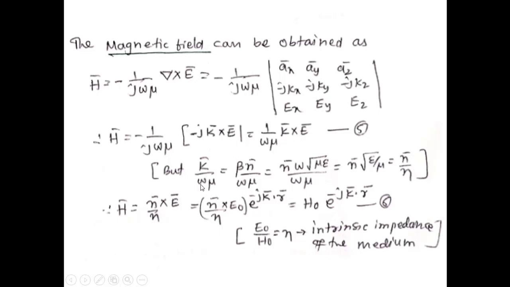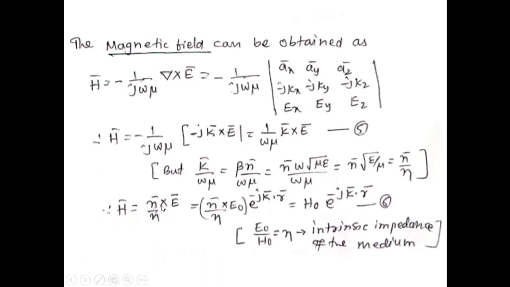But k bar by omega mu is equal to beta n bar divided by omega mu. That is n bar into omega under root of mu epsilon divided by omega mu. Omega cancels out. Therefore, this is equal to n bar under root of epsilon by mu, which is equal to n bar by eta.